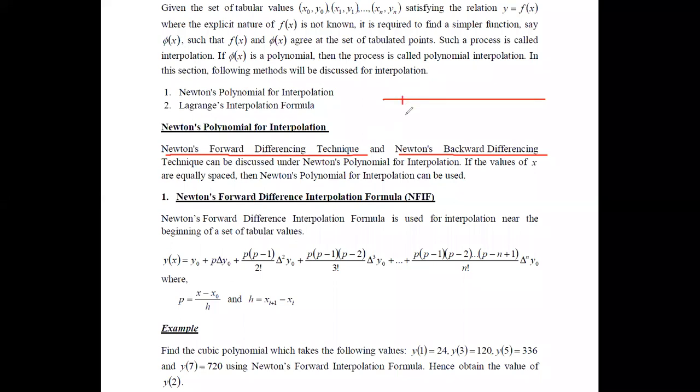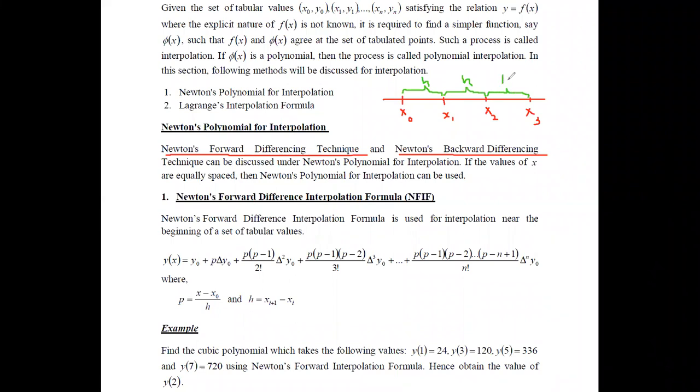It is quite like this. Think of this as the value x0, this as x1, this as x2, and another value as x3. If you consider any two consecutive points, the distance should be the same. I am taking this distance as h, and it should be equal throughout.